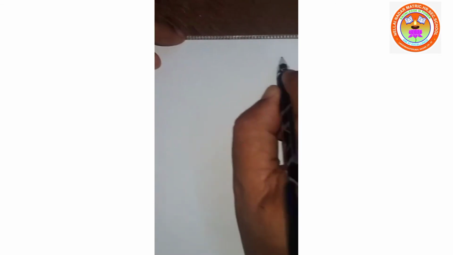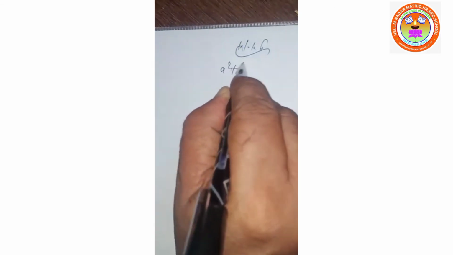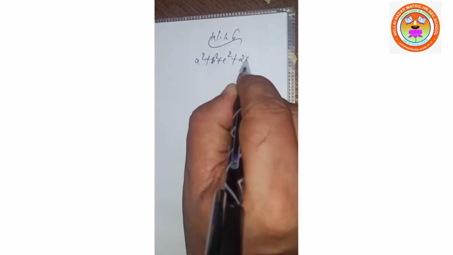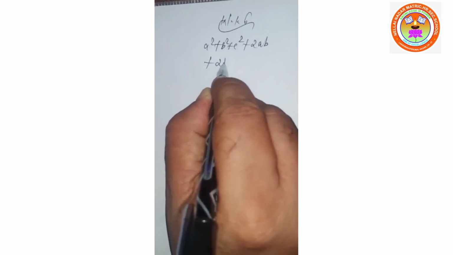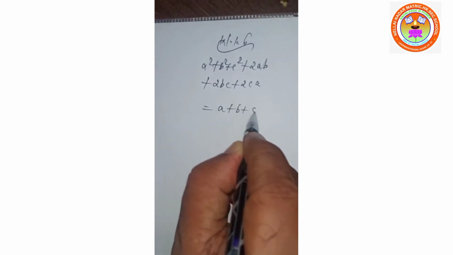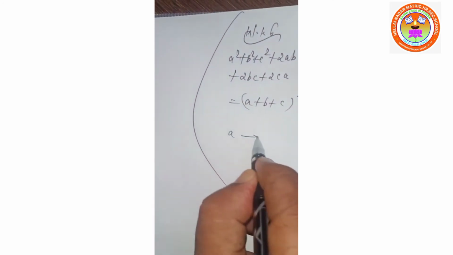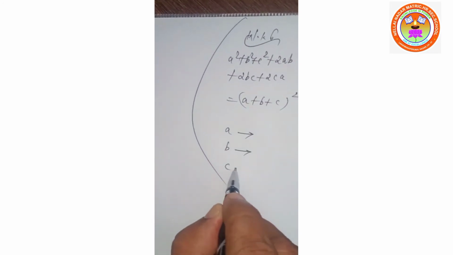Everything is perfect. Now write the identity. We know that a square plus b square plus c square plus 2ab plus 2bc plus 2ca is equal to a plus b plus c the whole square. It's an identity. Here what is a, b and c?